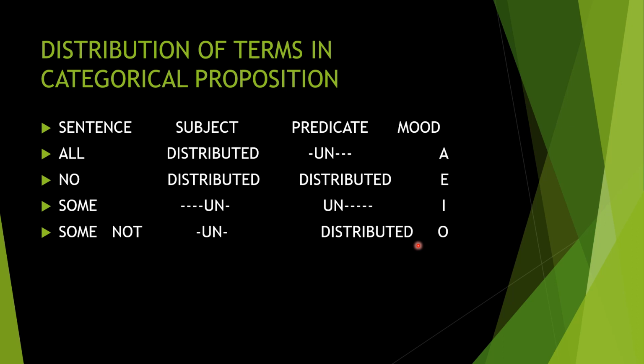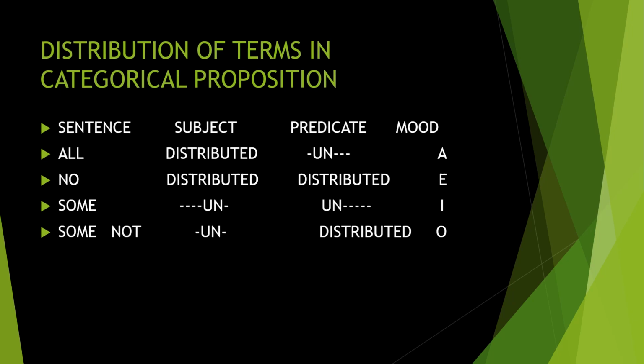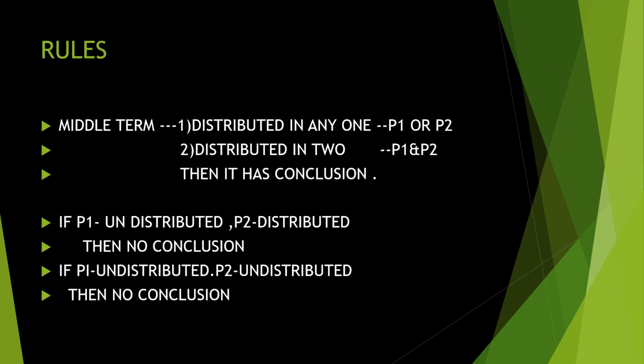After keeping these two slides in mind, you have to move on to the next part: the rules. What are the rules we have to use to find whether any fallacies are there, and how the distribution should be? There are some rules regarding distribution.